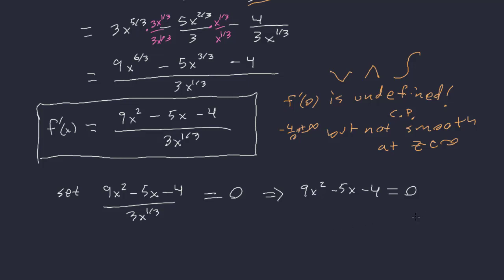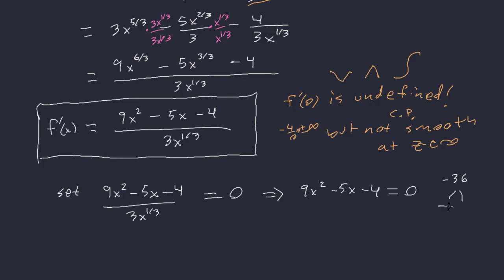Okay, so if we try to use the AC method here, we're going to be looking for 9 times negative 4, that would be negative 36. So we're looking for factors of negative 36 that will sum up to be negative 5.